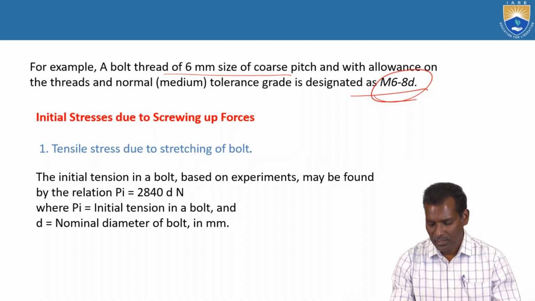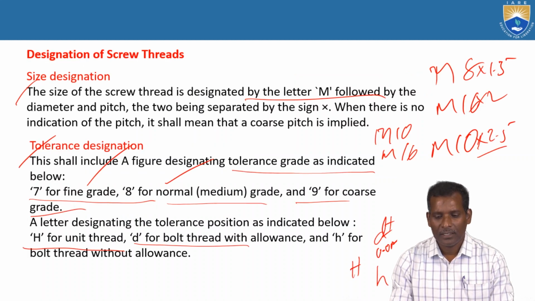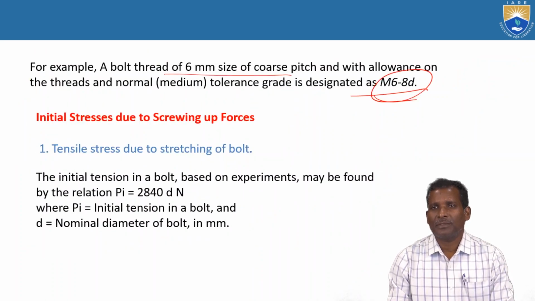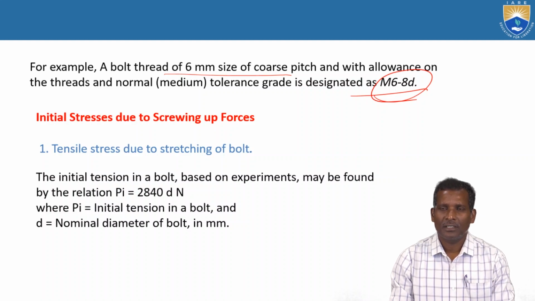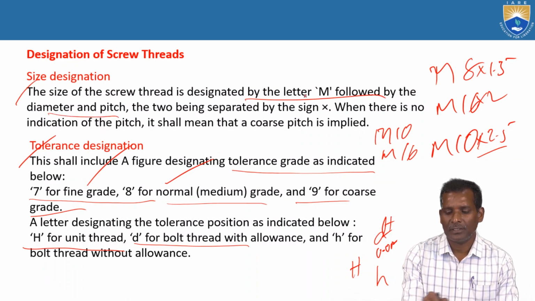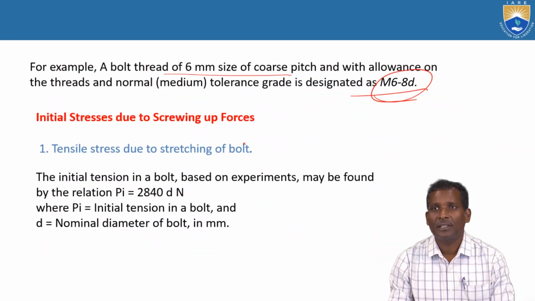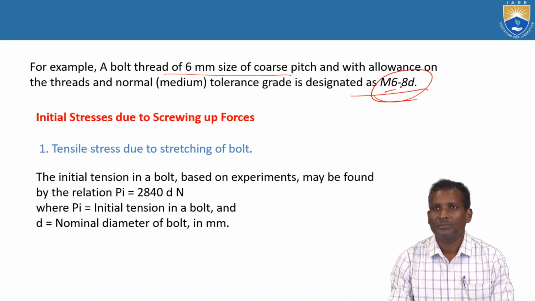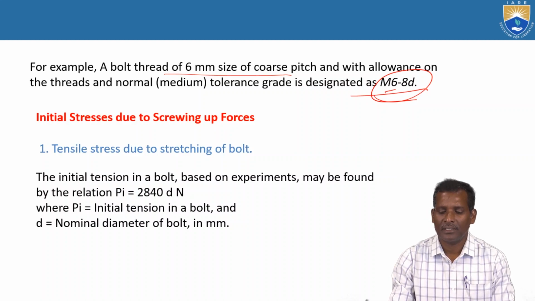So here the first letter M designates the metric thread, and 6 is the size, followed by the diameter and the pitch: diameter 6 and coarse pitch. And the tolerance grade is designated like this, 8D.